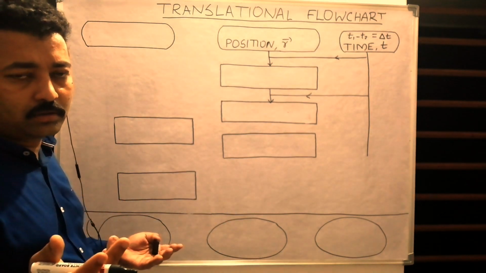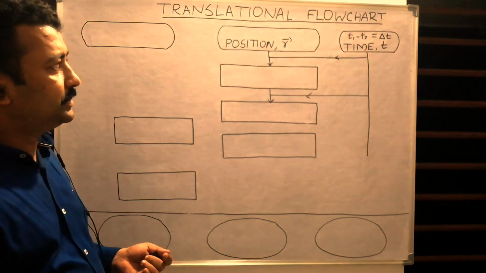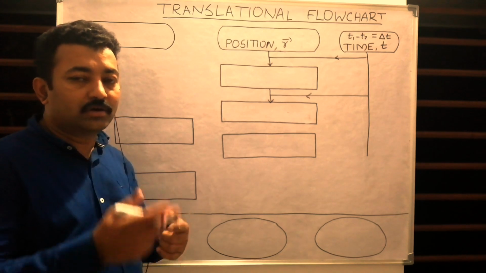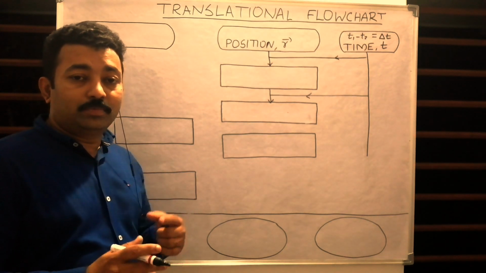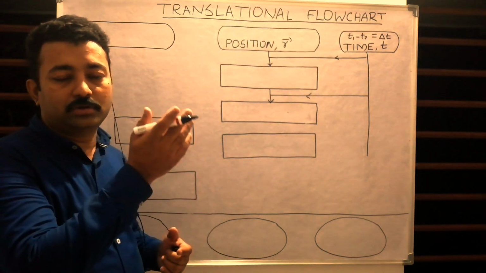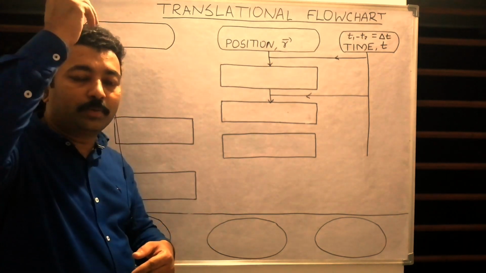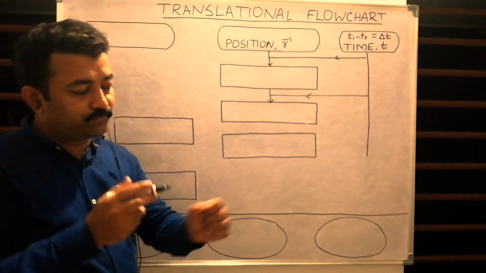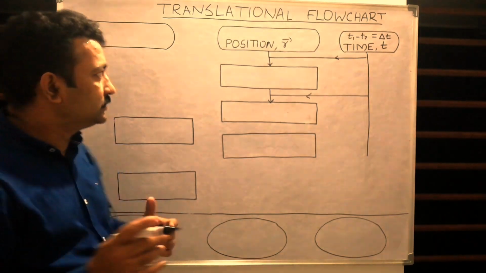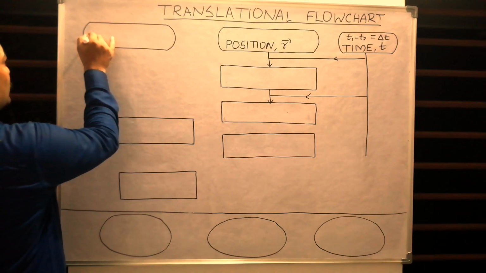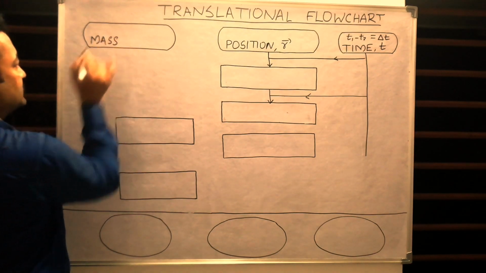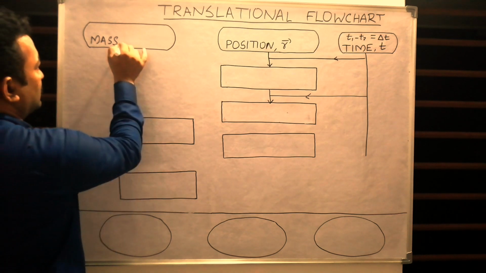It can be the projectile that you have studied, or a particle executing circular motion just like Earth, or the planets revolving around the Sun, or a car moving on the road, or a rocket which is propelled, or a bullet which is fired from a gun.